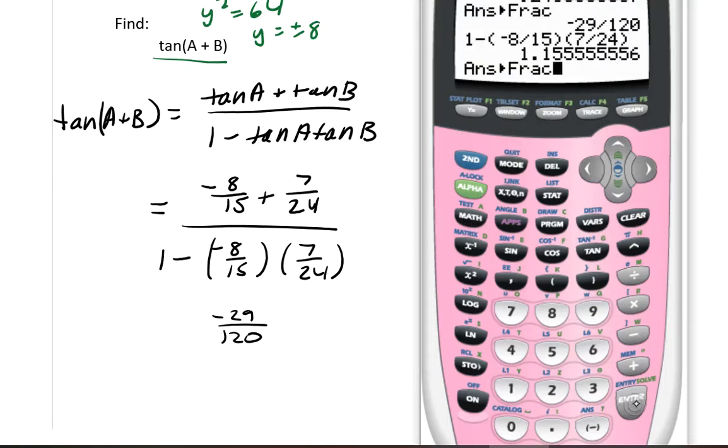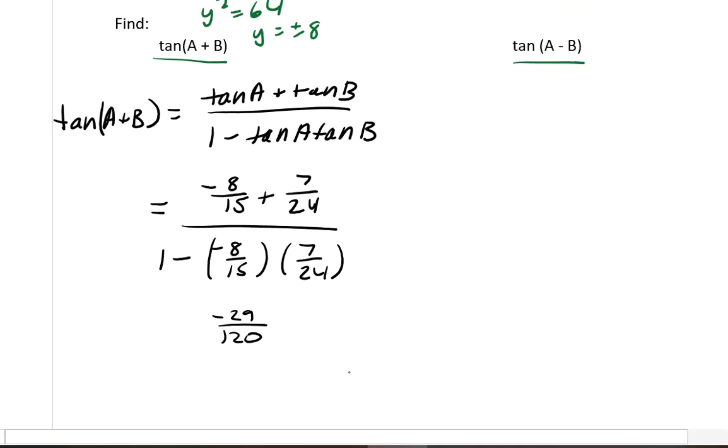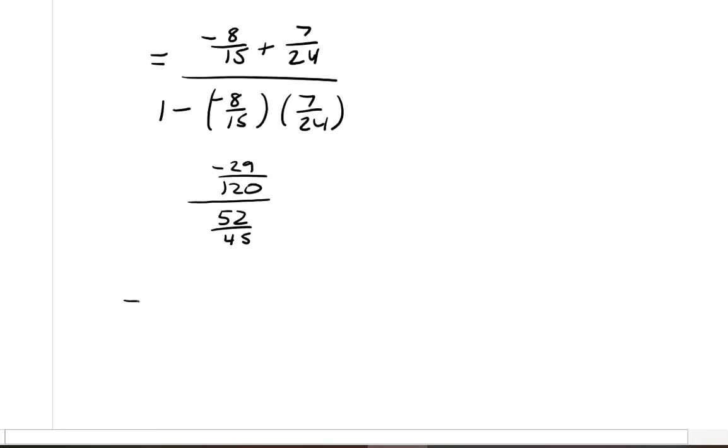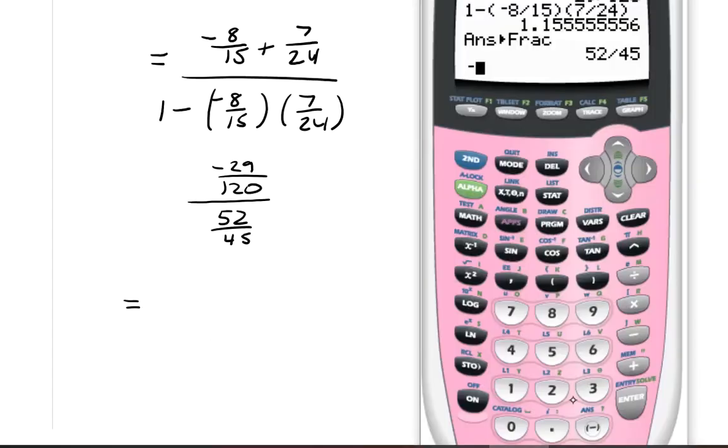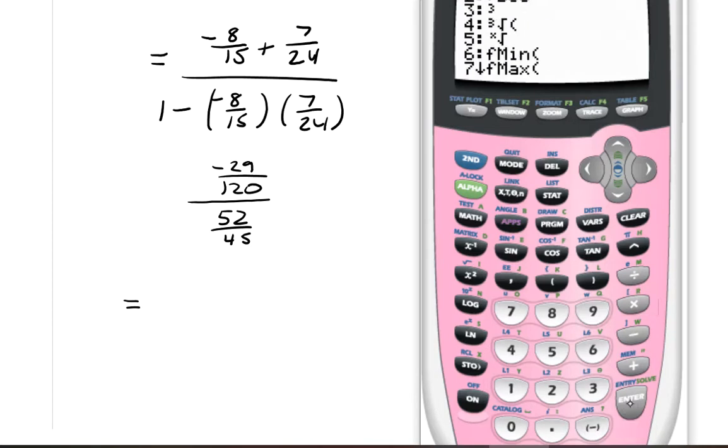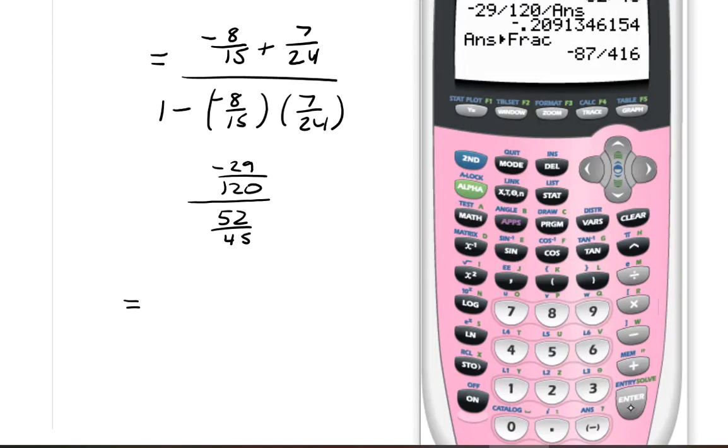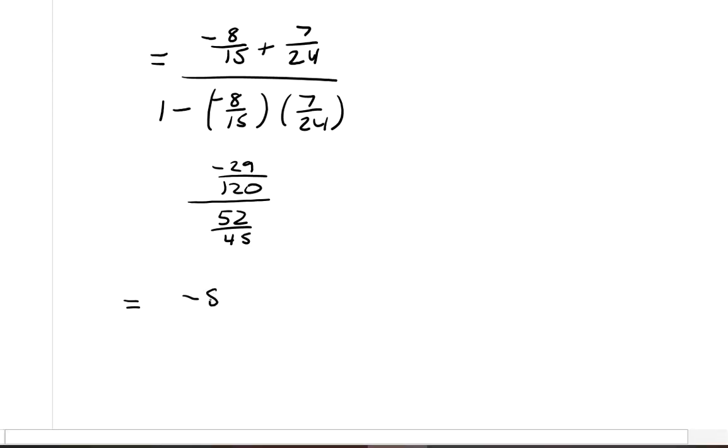And math frac, 52 over 45. And then I'm just going to divide those. Negative 29 over 120, and I'm just going to use the answer function, so it'll pull the line above it. And math frac one more time. Negative 87 over 460.